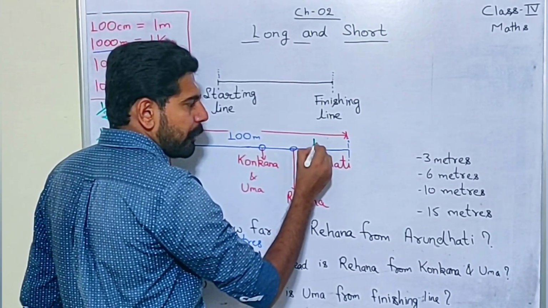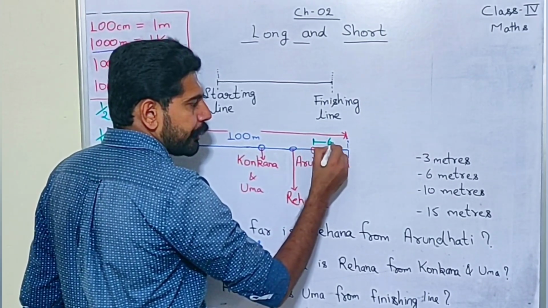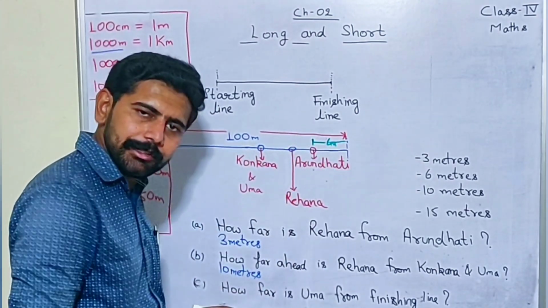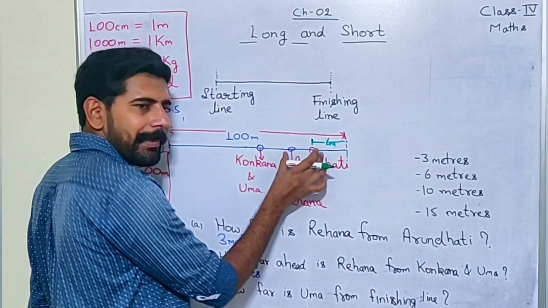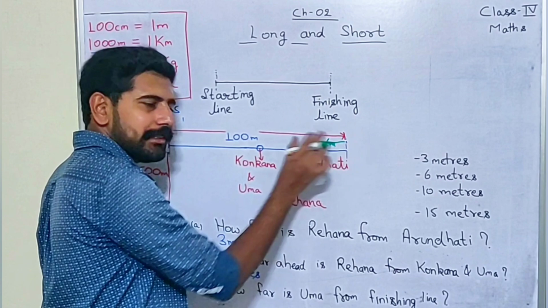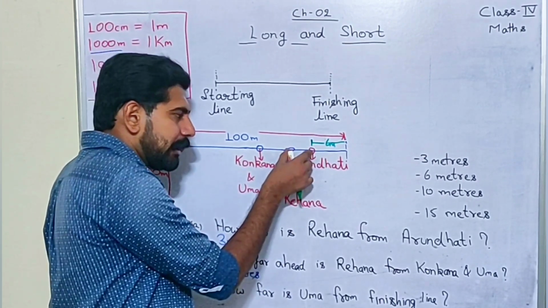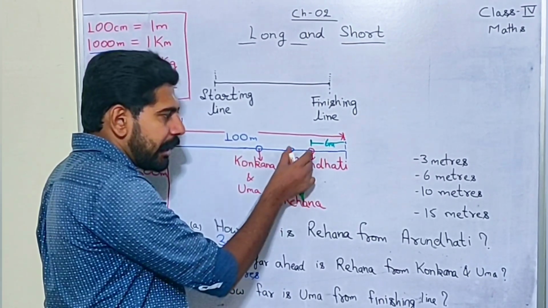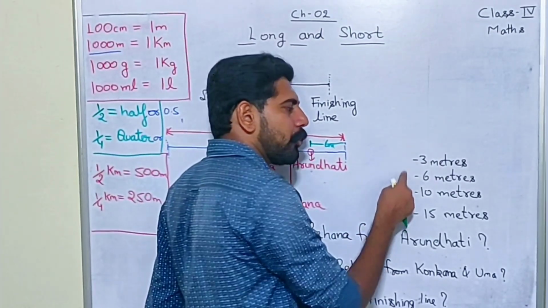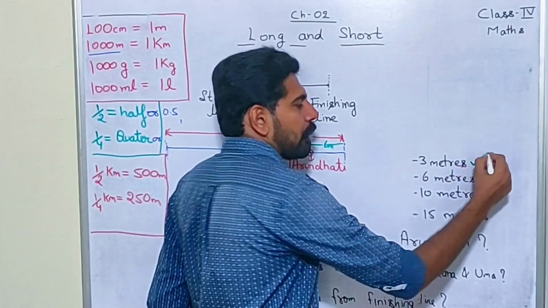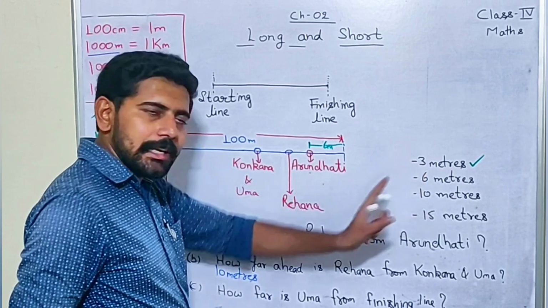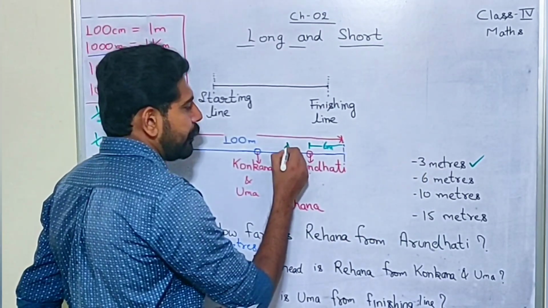We know from here to here the length is 6 meters, but comparing this length to this length, this part is less than this part. That means the difference between Arundhati and Rehana must be less than 6 meters, and we have to give the answer from these 4 options. So the answer will be 3 meters because 3 meters is less than 6 meters. So we can denote here 3 meters.